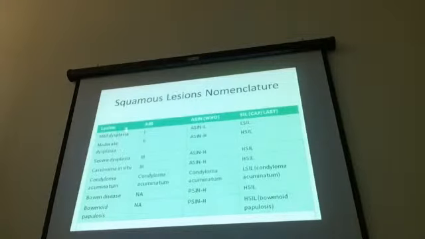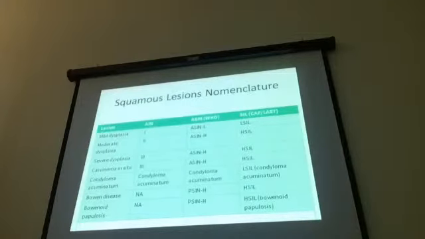Then, adapting the terminology from the cervix, as that was changing and we realized the problems with reproducibility, people said, well, let's just say anal intraepithelial neoplasia and call it 1, 2, 3, because we can't really tell these apart.